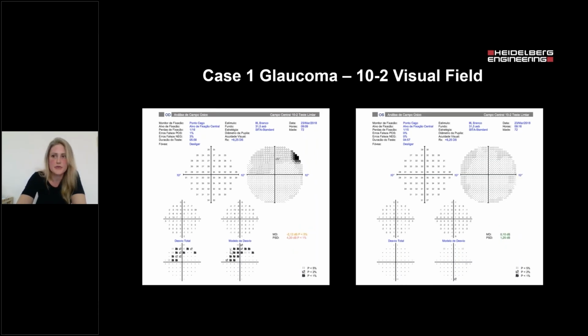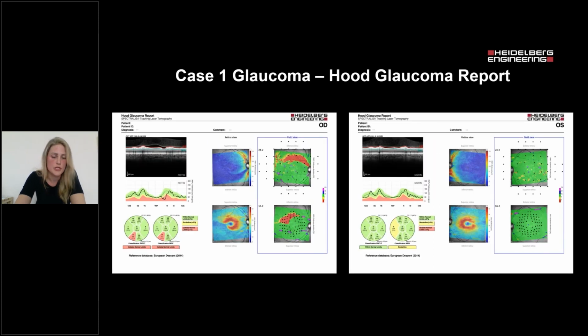However, the paracentral visual field defect in the right eye, in our case, is evident using the 10-2, and she has a deep defect. So the Hood glaucoma report, available on Spectralis Module Premium Edition, incorporates the visual field points overlaid by retinal nerve fiber layer and ganglion cell layer thickness and deviation maps.